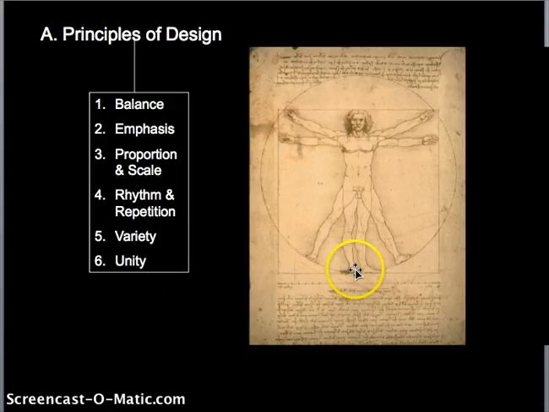So, here's an example of the Vitruvian Man by Leonardo da Vinci. It's his famous study of the human figure and its proportions. There's a lot of kind of deep philosophical stuff going on here with this figure and with the circumscribed circle and square. Circle represents the heavenly celestial realm, where the square represents the earthly realm.